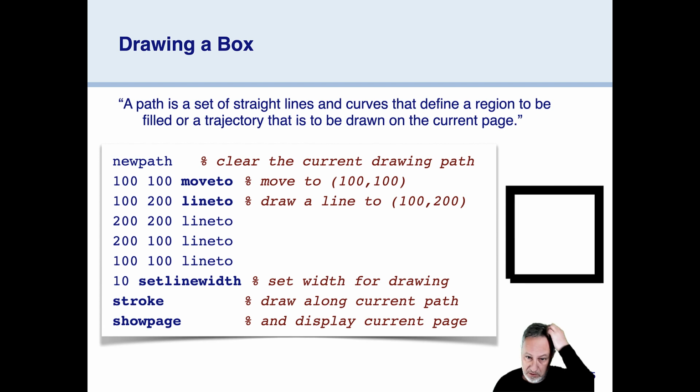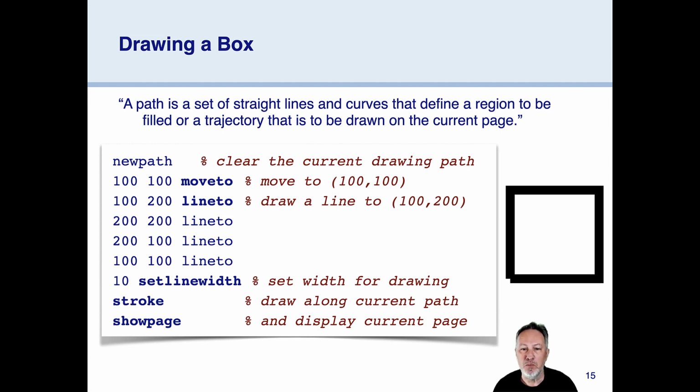Here's our first PostScript program that we can actually execute to print something. Here we're going to draw a box. In order to draw a box, we have to first create a path. So the idea is that you define a path. The first operator we use is called new path, so it clears the current drawing path, and a path is going to consist of a number of points on the sheet of paper.